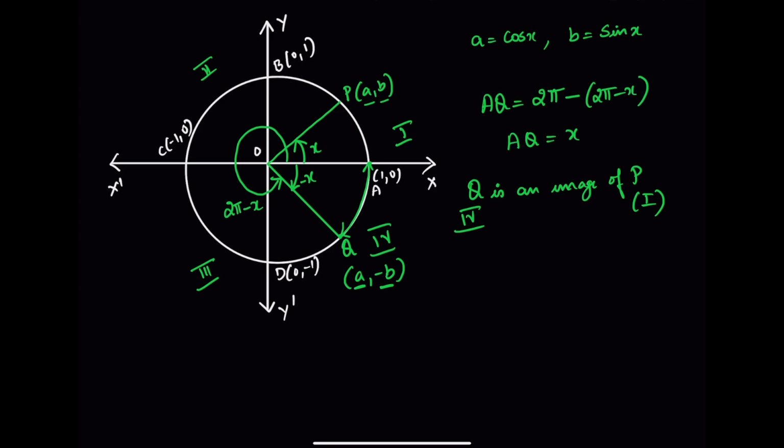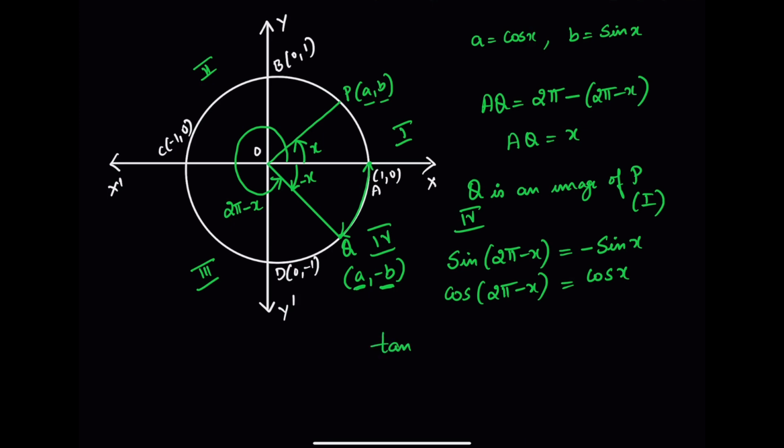So we would have sine of 2 pi minus x is equal to minus sin x, because it is minus b, and cos of 2 pi minus x is cos x, because the x coordinate, which is a, is positive.